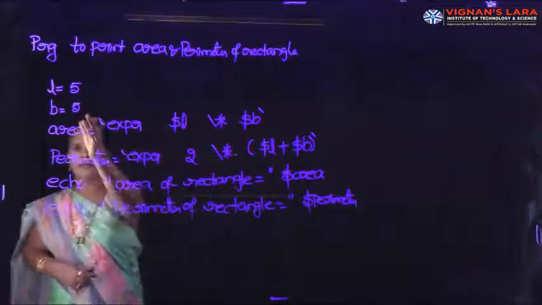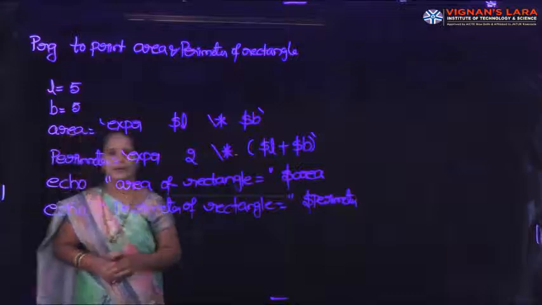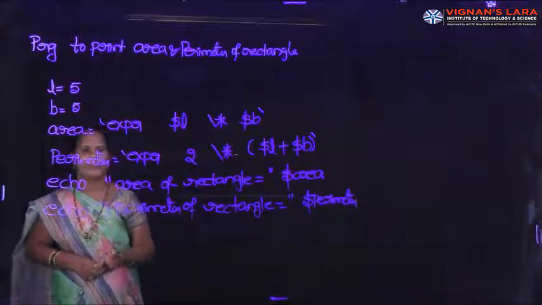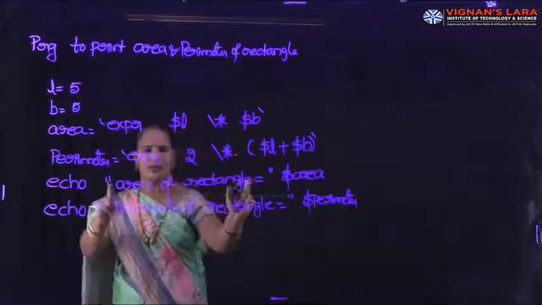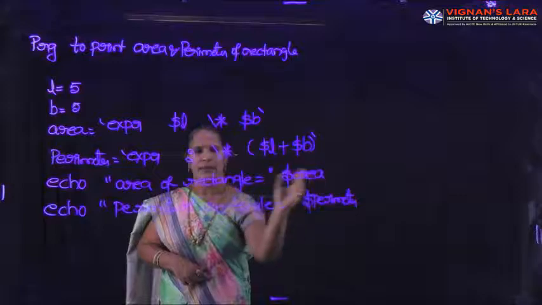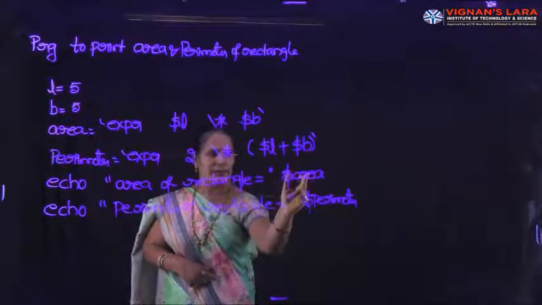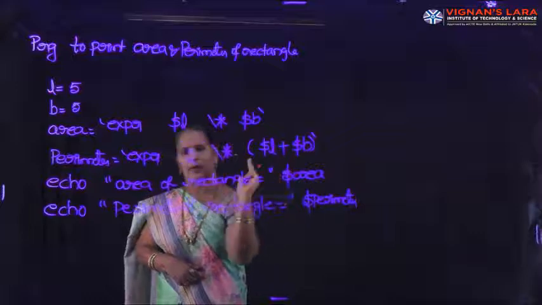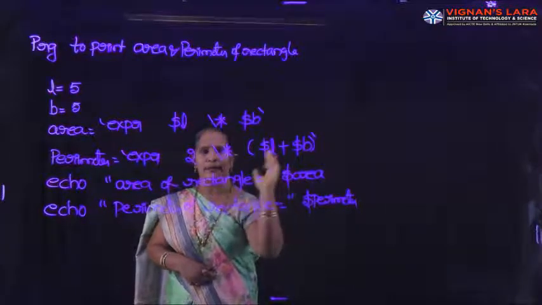In order to print the value of area and perimeter, I have to use the echo statement. Echo statement is just like the printf statement in C language. Echo space message enclosed within single quotes or double quotes, space variable name. In order to get the value of any variable, the variable name should be preceded by a dollar symbol, with no space between dollar and variable name.